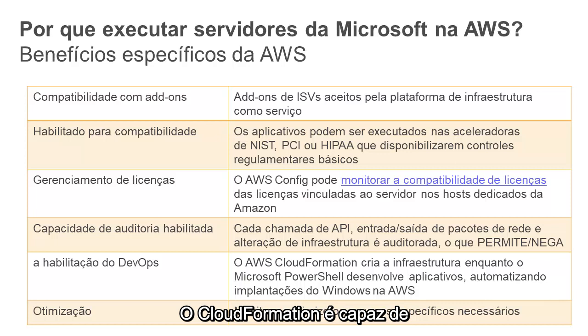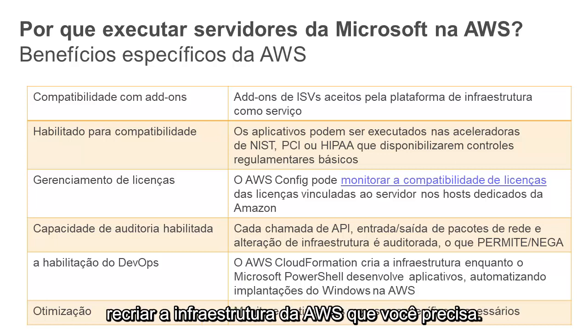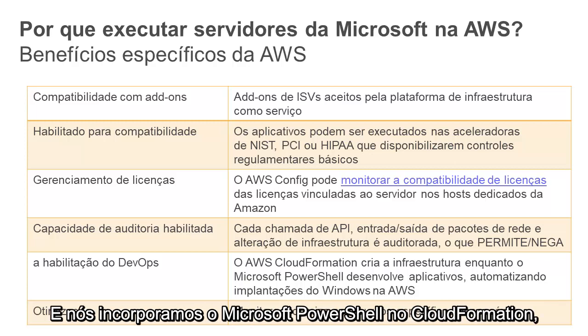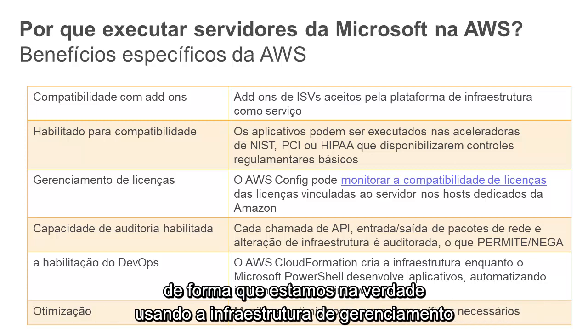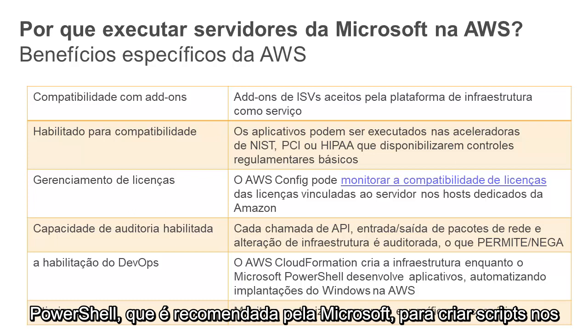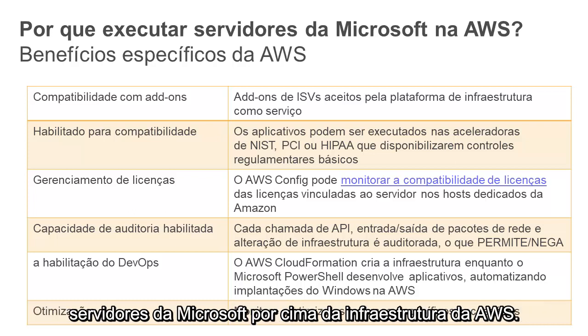Now, what's nice about CloudFormation is that CloudFormation will recreate the AWS infrastructure that you need, and we've embedded in CloudFormation Microsoft PowerShell so that we're actually using the Microsoft recommended management infrastructure, PowerShell, to script out the Microsoft servers on top of the AWS infrastructure.